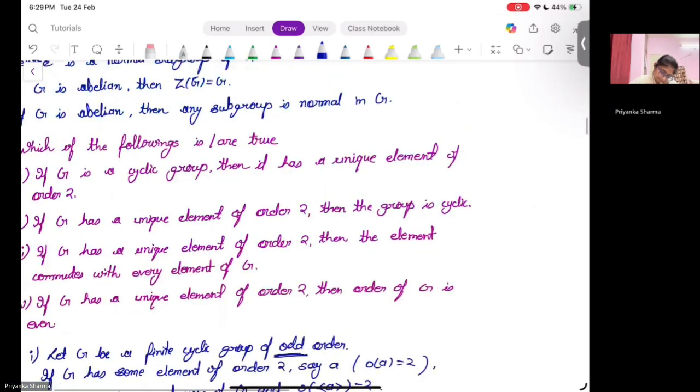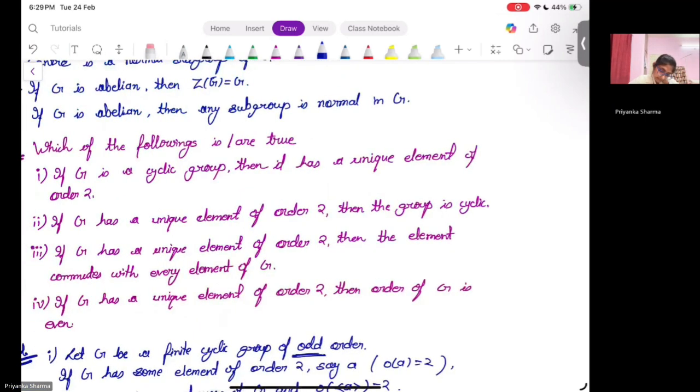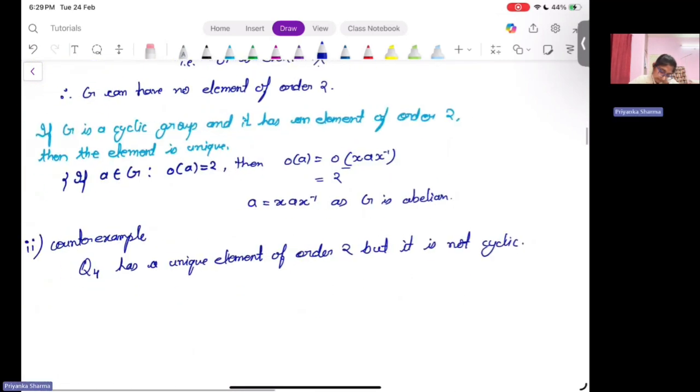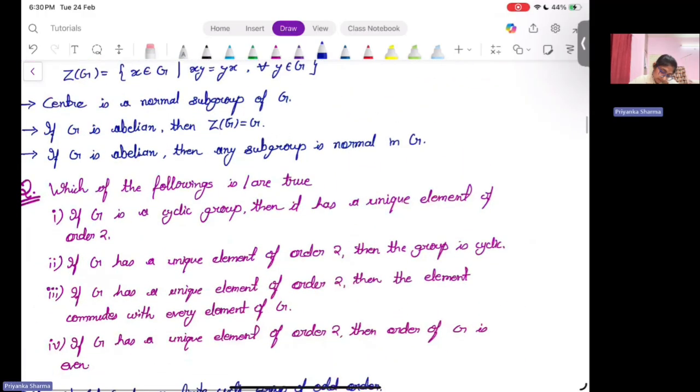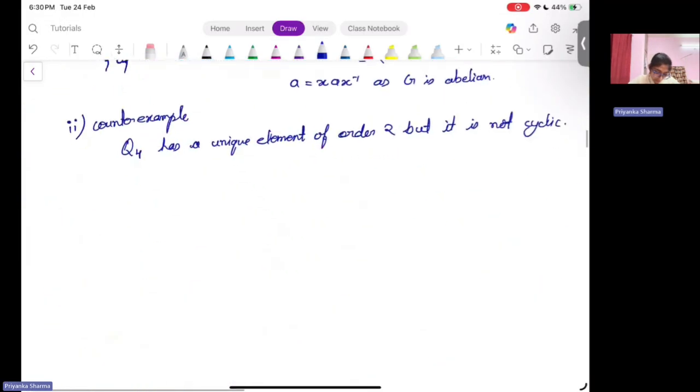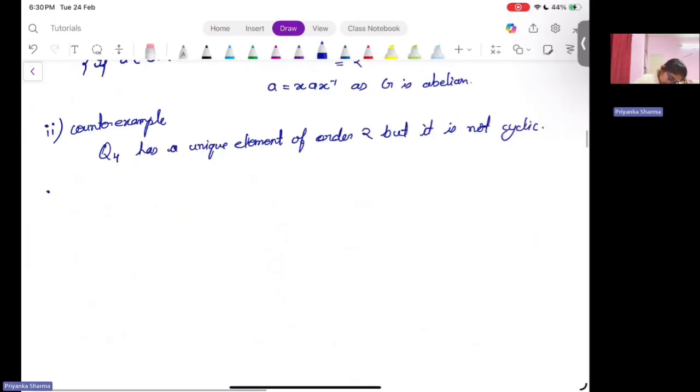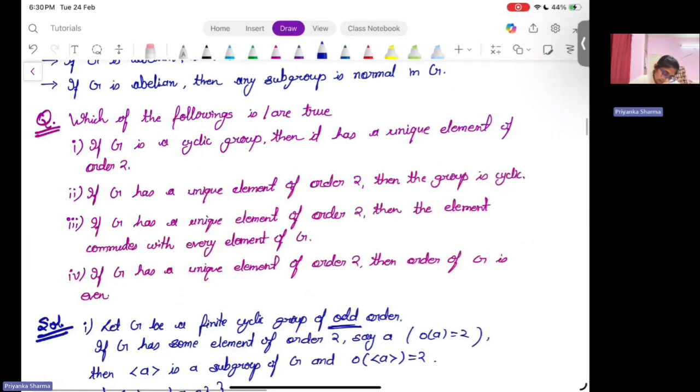Similarly, if we say if G has a unique element of order 2, then the group is abelian or not, the same counter example will work for that. Third statement, if G has a unique element of order 2, then the element commutes with every element of G.